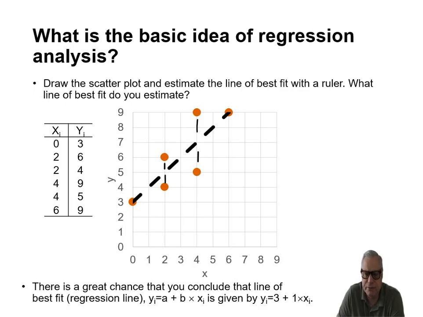Because positive and negative deviations will cancel out, which leads to a zero so that we cannot determine anything, we need to square them. That method is called the method of ordinary least squares. So this is what we do.